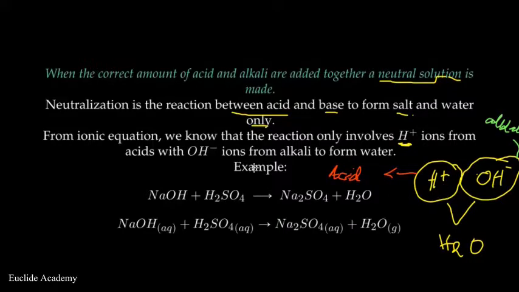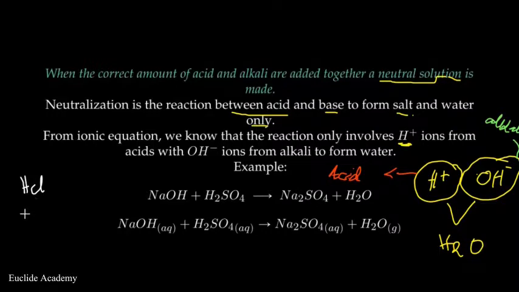Some of the examples we can look at: when we talked about acids in the previous lesson, we talked about the three most common laboratory acids. Number one, hydrochloric acid.